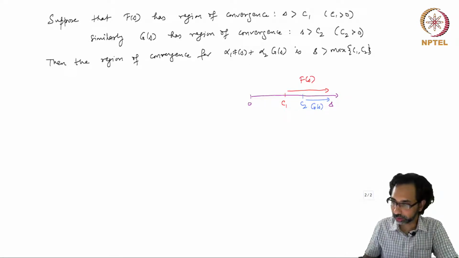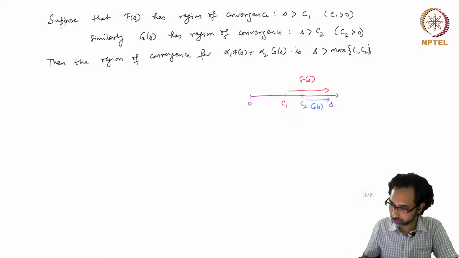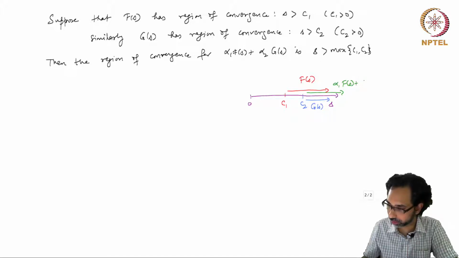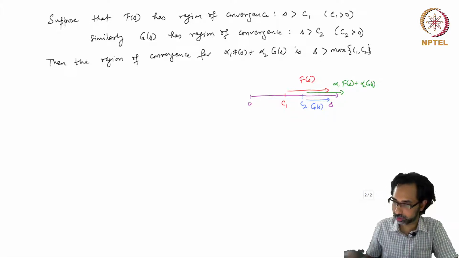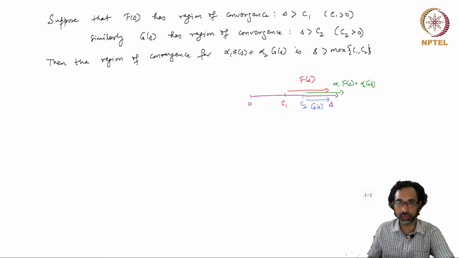Then the maximum of c1 and c2, in this case c2, will be the region of convergence of alpha 1 F(s) plus alpha 2 G(s). So in general, whenever you have two regions of convergence for functions f and g, you can take the intersection of these two and you will get the region of convergence for the sum.